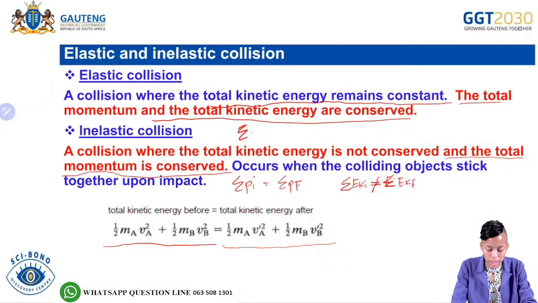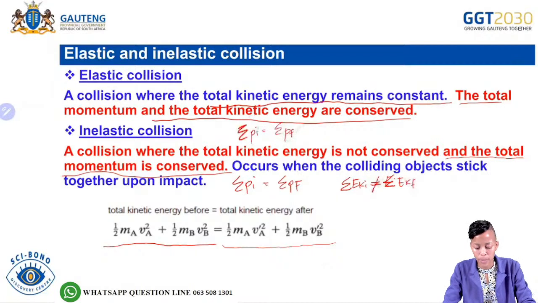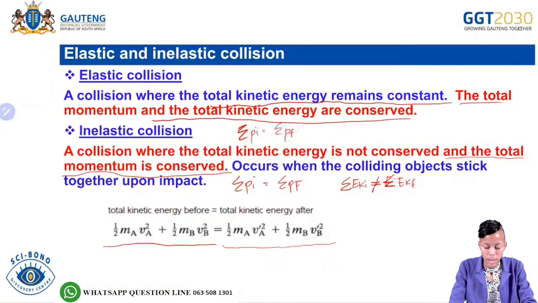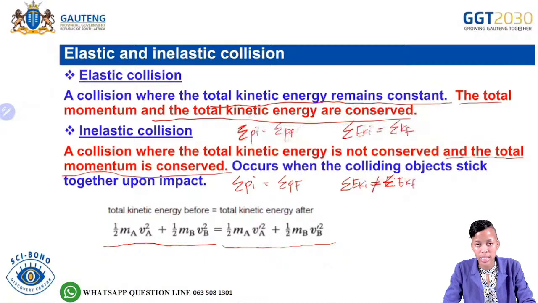So what is the difference between these two then? The difference would be the kinetic energy. For an elastic collision, the sum of the kinetic energy before the collision is equal to the sum of the kinetic energy after the collision.